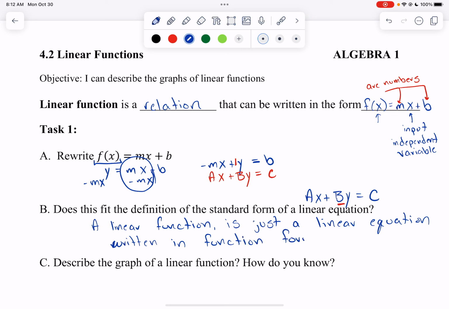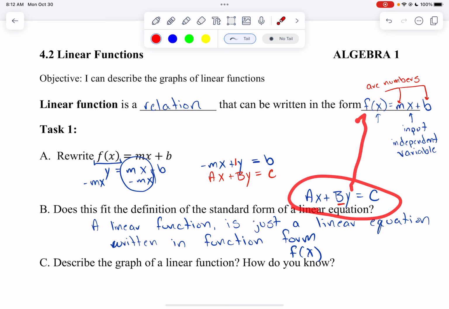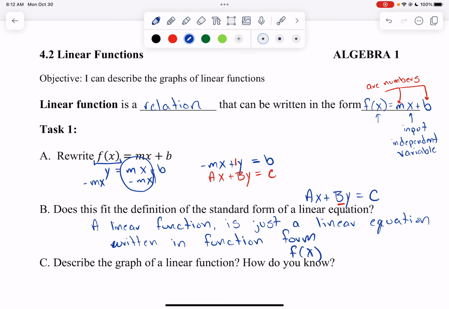What we mean by function form is with that whole f of x notation. So basically, we solved this linear equation for y, and then replaced it with an f of x. So all of the things that we know about linear equations, we can now apply to linear functions.